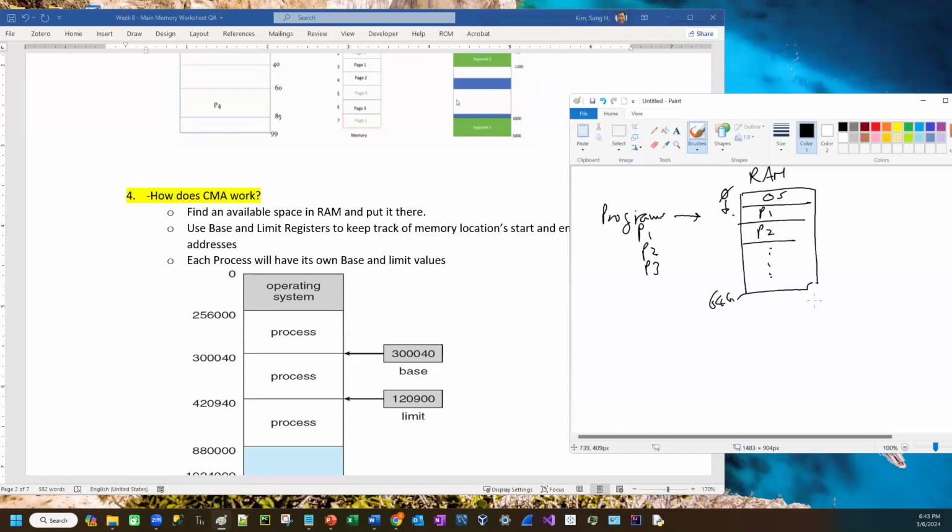Now, when we look at these processes in the RAM, we will call this the beginning of that process, and this will be the end of process 1, right? But we have a special name for that. We'll call this address the base, and here we'll call it the limit.